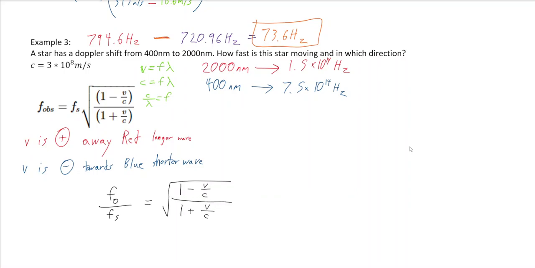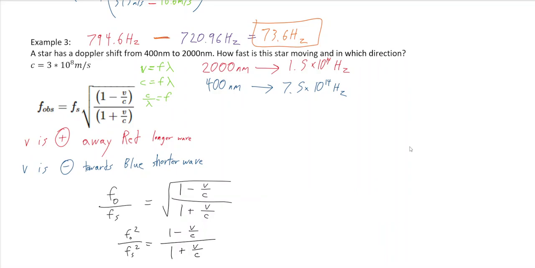Now, is it going to be the positive or the negative version? Well, maybe we can just leave it as it is, and we're going to find v, if it's positive or negative v in a second, right? So this is what we get as our first step. Now we're going to square both sides. So F observed squared over F source squared equals 1 minus v over c over 1 plus v over c.